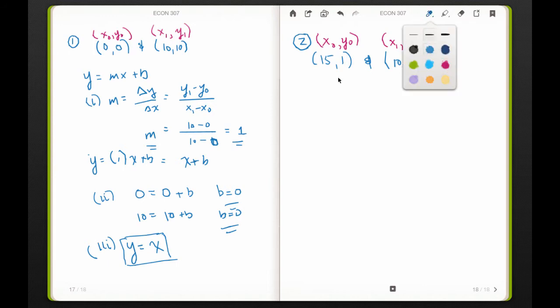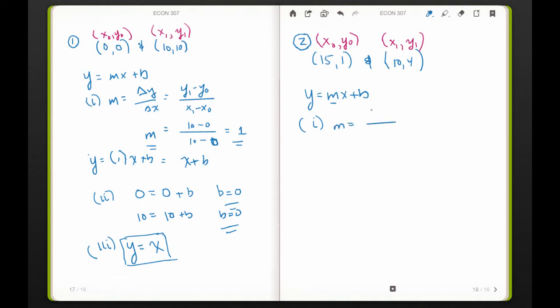So let's write this out. y equals mx plus b. The first thing that we're going to do is solve for this slope. So m is going to be y1 minus y0, so 4 minus 1, and then the change in x, which is going to be x1 minus x0, so 10 minus 15. So we get 3 over negative 5, so negative 3/5 is our slope.